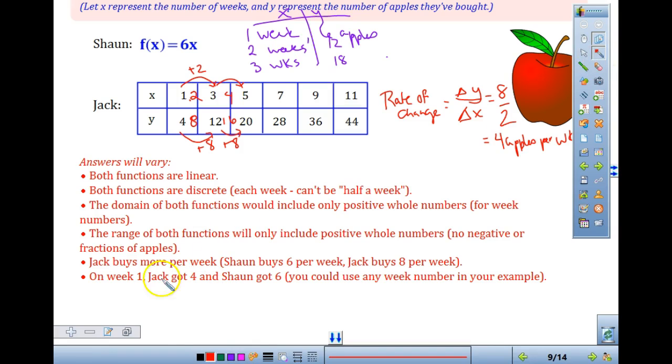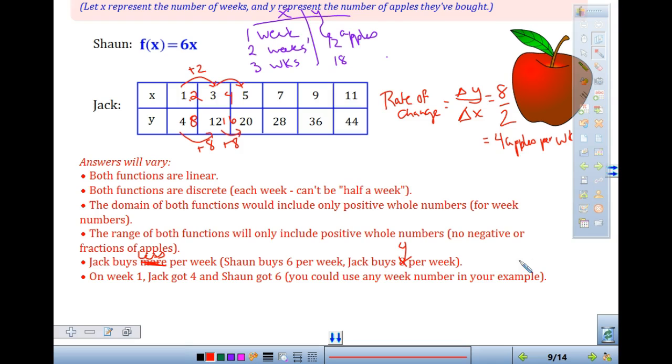And this one is incorrect. Jack buys not more per week, he buys less. And can you see what the mistake was? It says she buys 6 a week and he buys 8. They were just looking here that it increased by 8, but his actually is 4 per week, right? So we can say Sean buys 6 per week, Jack buys 4 per week.